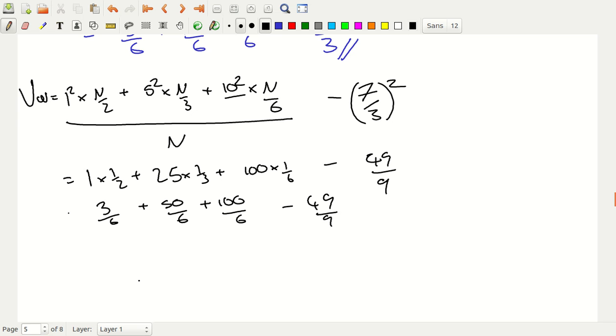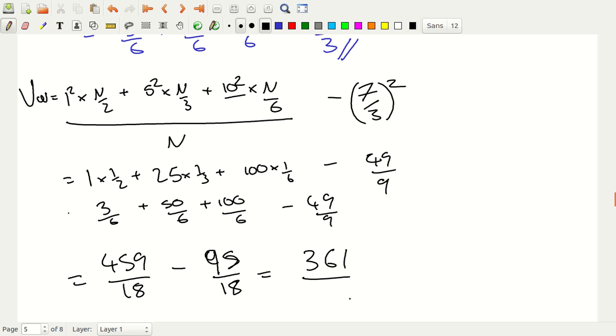So I get 153 over 6, which is 459 over 18, subtract 98 over 18. Not a particularly good 98, but you'll cope. And that is equal to 361 over 18.